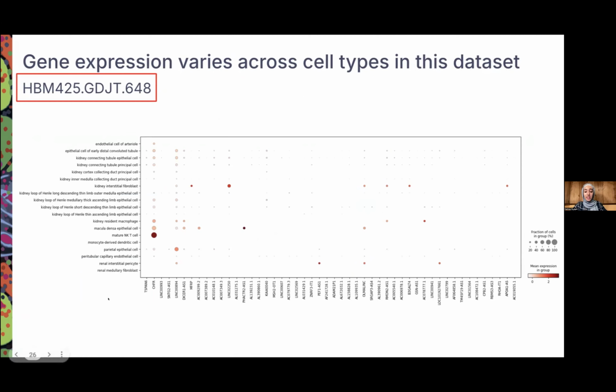And on the y-axis are the cell types that are common across all 6 data sets. This specific dot plot that we're looking at is for that same tissue block that didn't collide with the medulla. We're just showing it as an example. We have 5 more of these dot plots.